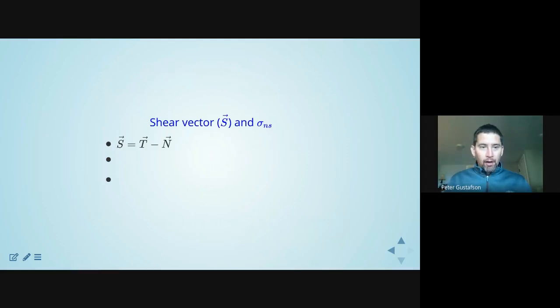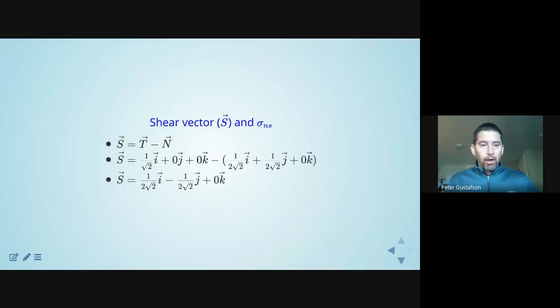So anyway, here we go again, traction minus the normal. There's the T, which is 1 over root 2 i plus 0j plus 0k, minus the N vector, which I've also written as 1 over 2 root 2 i plus 1 over 2 root 2 j plus 0k. And of course, that makes S quite simple also: 1 over 2 root 2 i minus 1 over 2 root 2 j plus 0k.